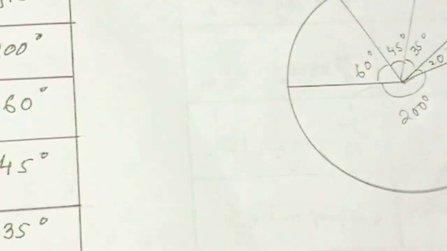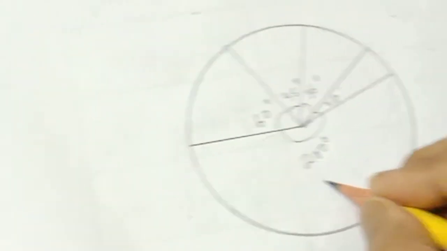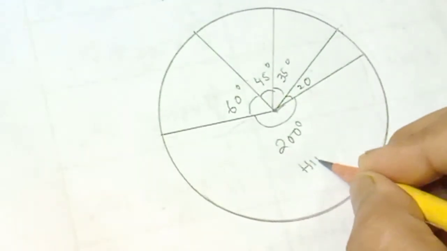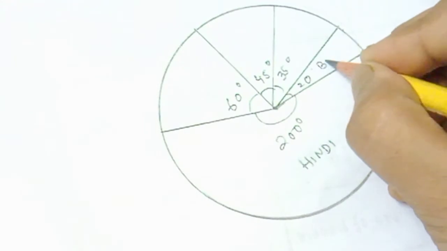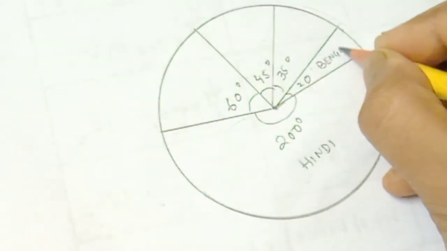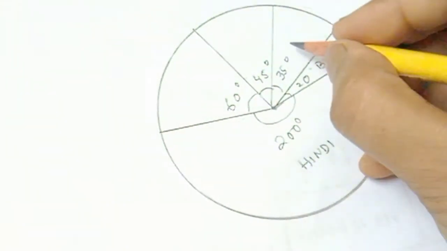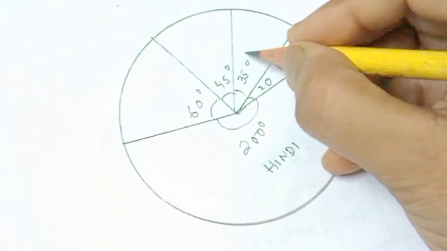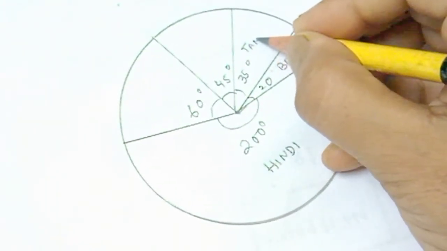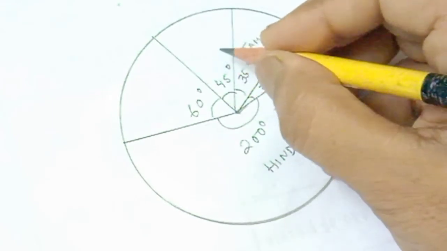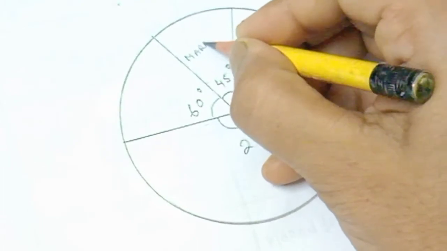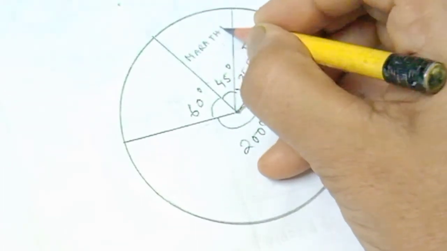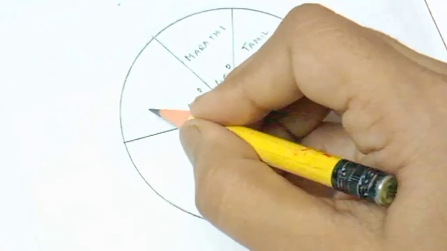Now you have to write the language you are indicating by each central angle. Here it is Hindi. You have to write this. It is Bengali. 35 degree, it is Tamil. 45 degree, Marathi. 60 degree, English.